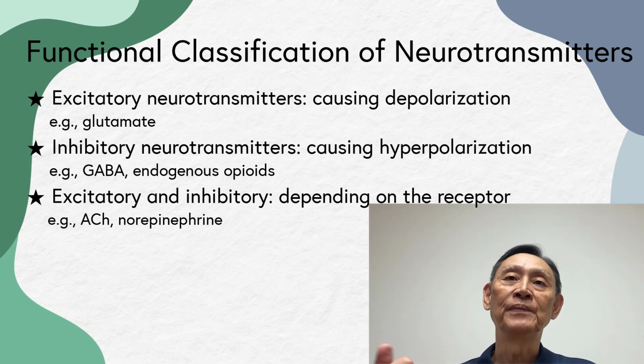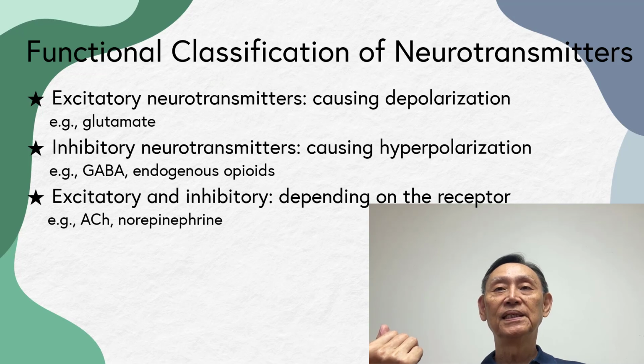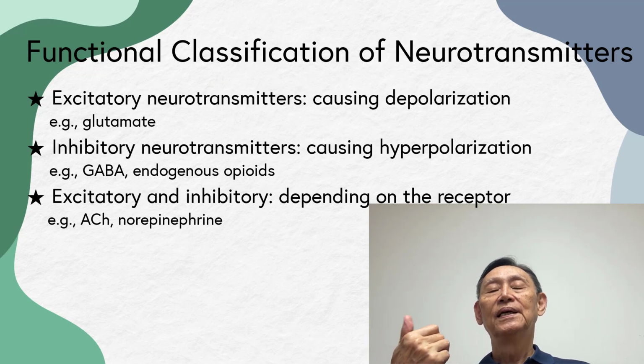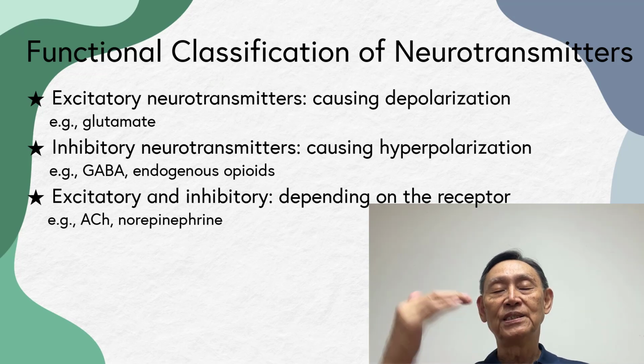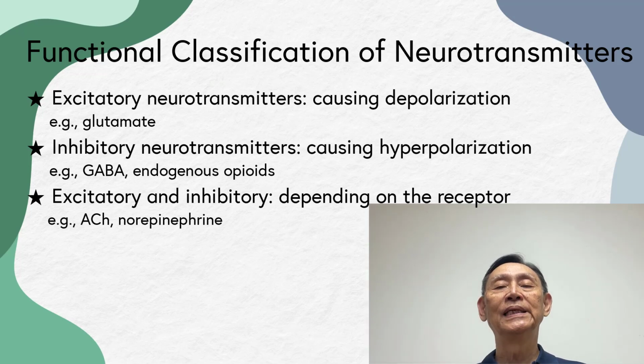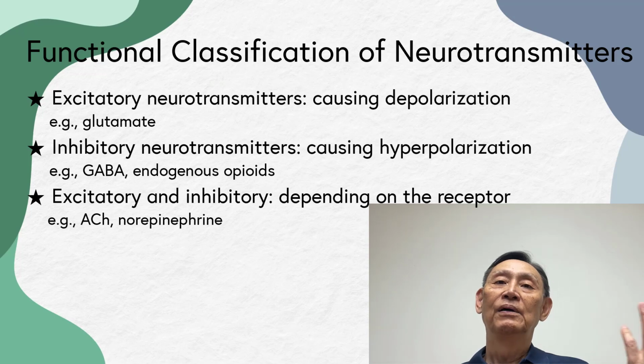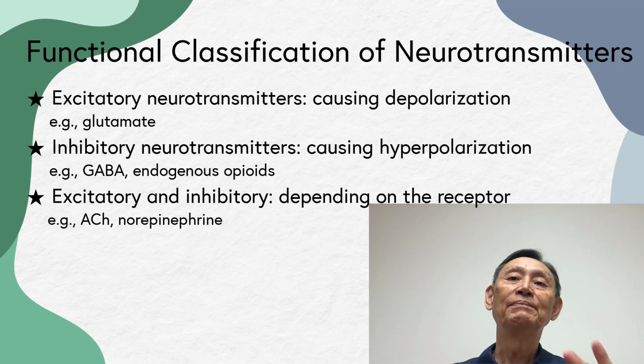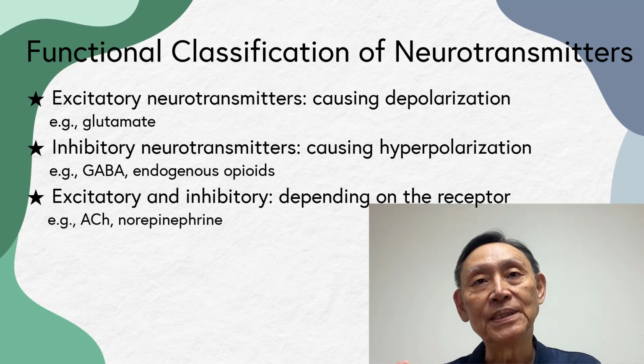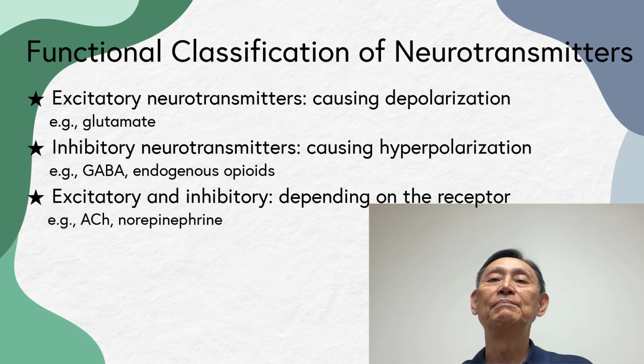GABA, another amino acid neurotransmitter, and also opioids, cause depression. This hyperpolarization causes inhibition. And all the others, acetylcholine, norepinephrine, depend on the receptor they are acting on. They are sometimes excitatory and sometimes can be inhibitory.